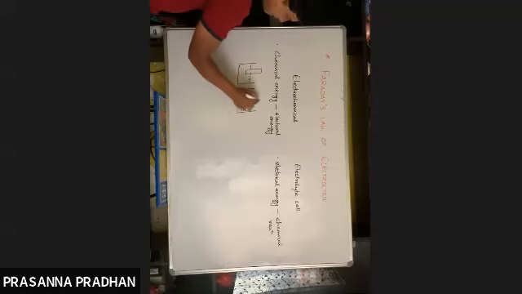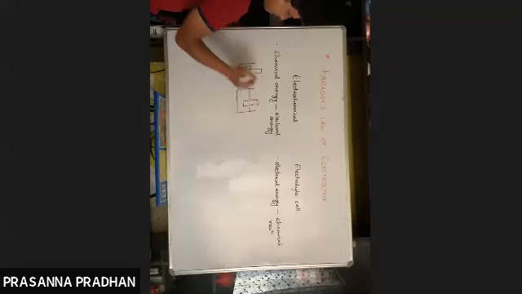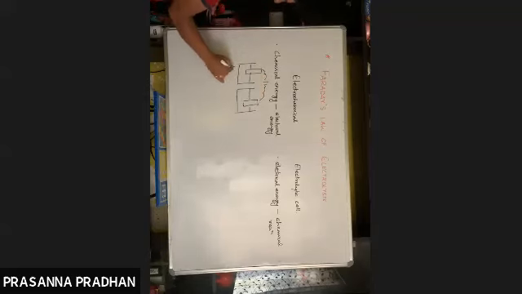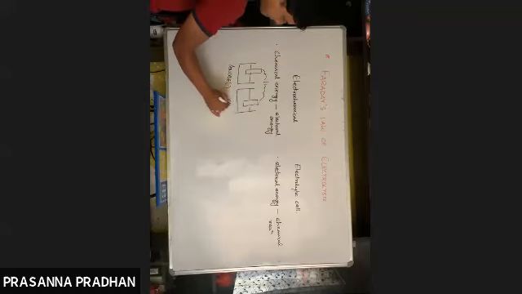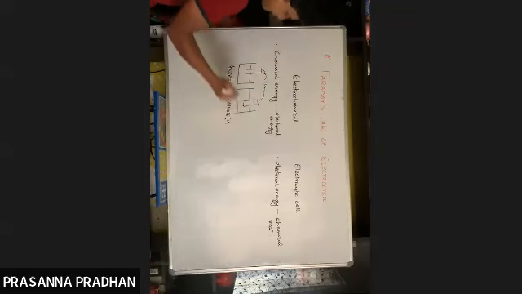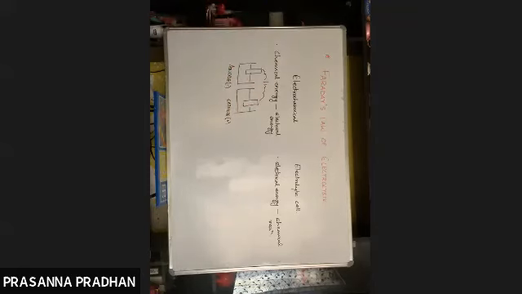So we have discussed this. We are towards the end of the chapter. On the left hand side, we keep the anode, which is the negative terminal. On the right hand side, we keep the cathode, which is the positive terminal. Electrons flow from anode to cathode via the external circuit.